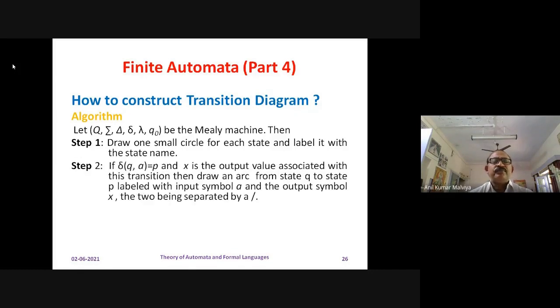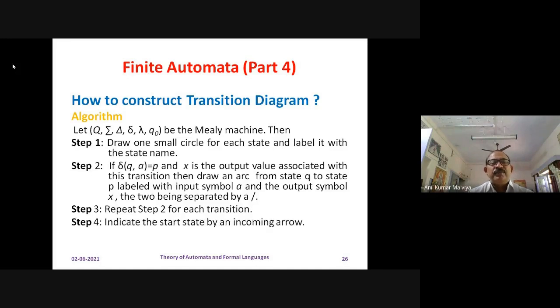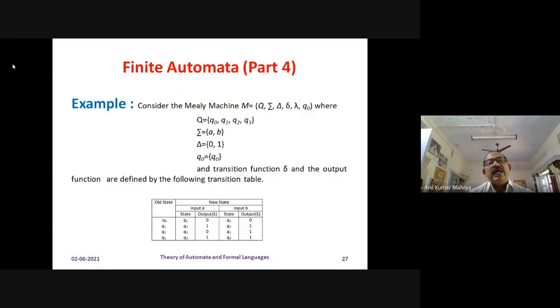Next, if there is a transition function delta(Q, A) equal to P and X is the output value associated with this transition, then we draw an arc from state Q to state P labeled A followed by X. Repeat step 2 for each transition. Indicate the start state by an incoming arrow and we will get a transition diagram.